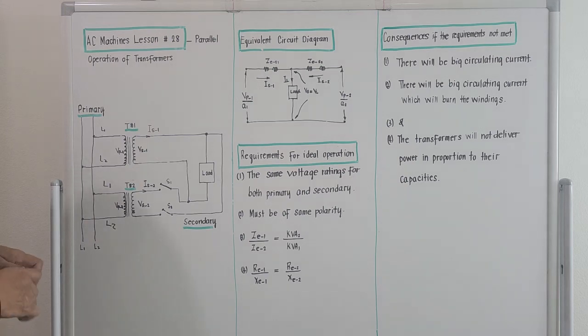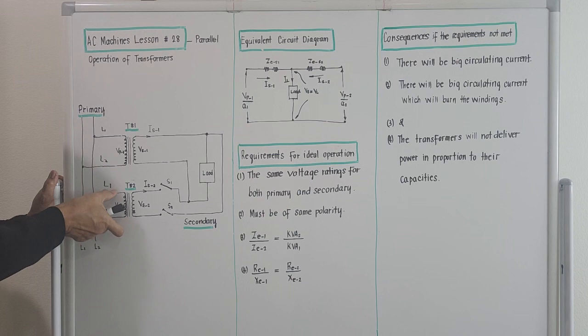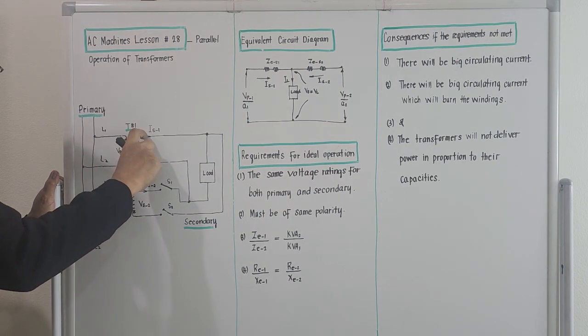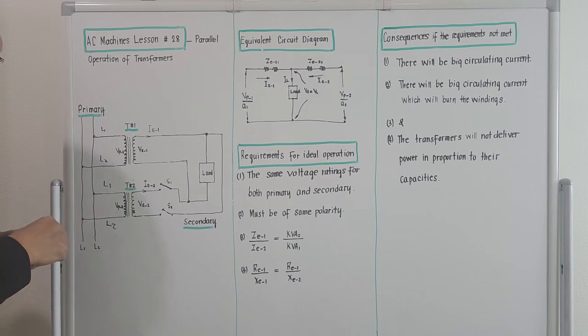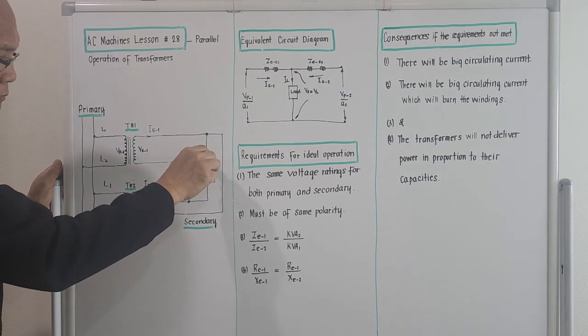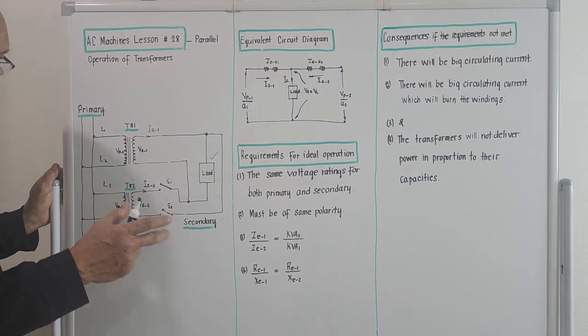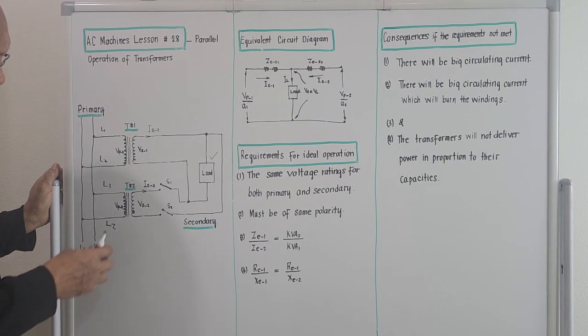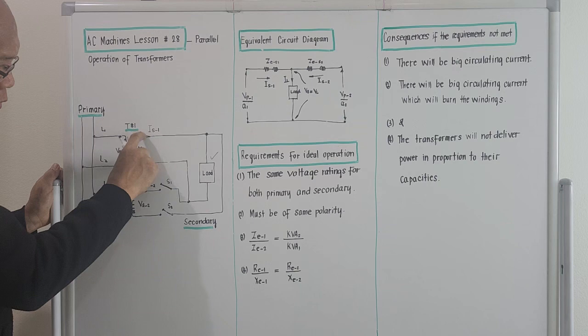This is the primary side of transformer number 1, primary side of transformer number 2, secondary side of transformer number 1, secondary side of transformer number 2, and this is the load. The load is connected since the connection is parallel. We make the connection immediately for transformer number 1.